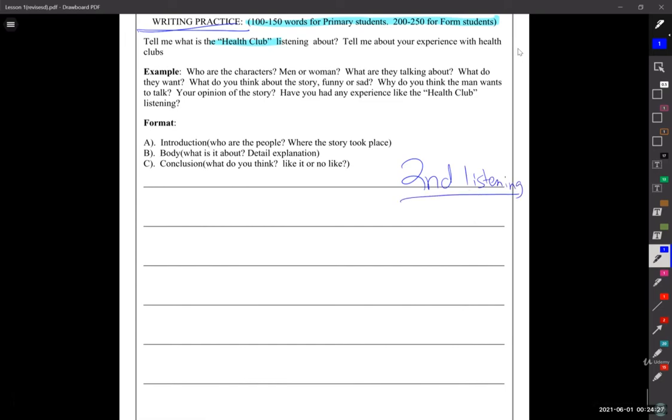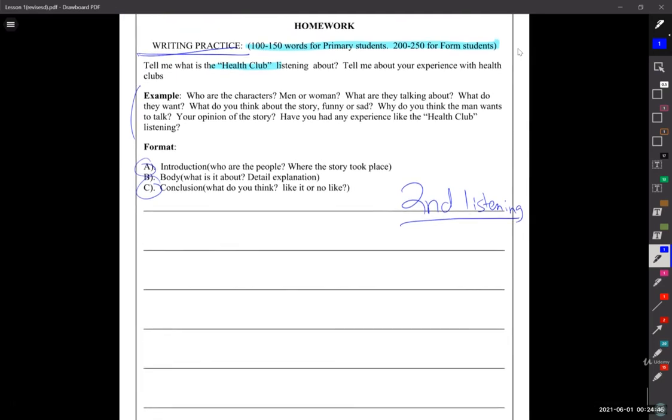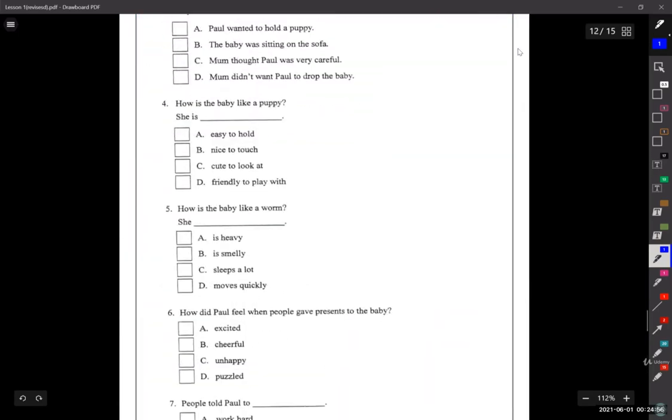Over here, the format is introduction, one paragraph, body, two to three paragraphs should be enough, and then conclusion, one paragraph once again. And then who are these characters, men or women? These are questions they can answer over here, which guide them on how to curate their answers. And that's the last of it. That's the last page of lesson 1.